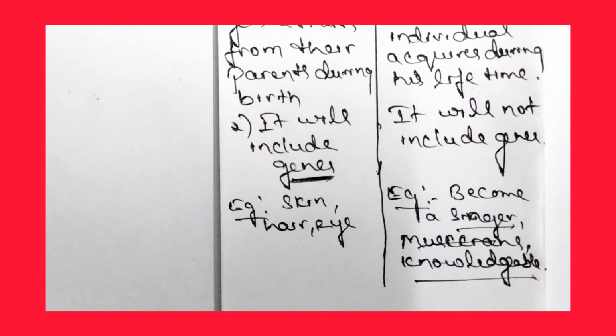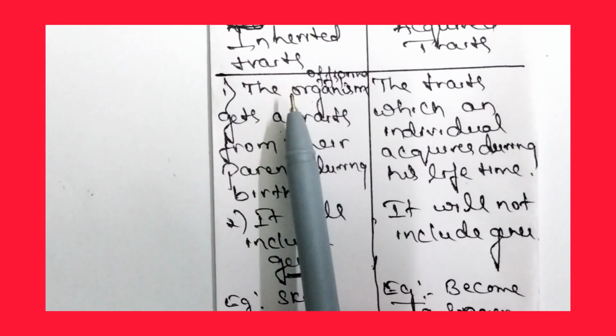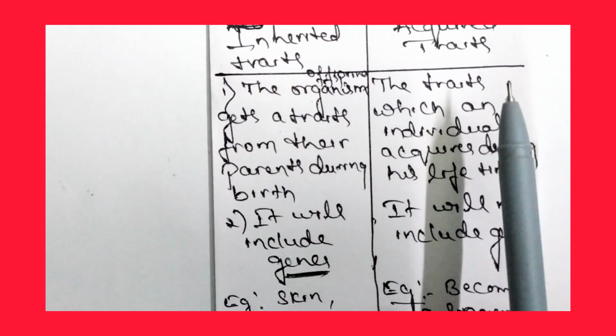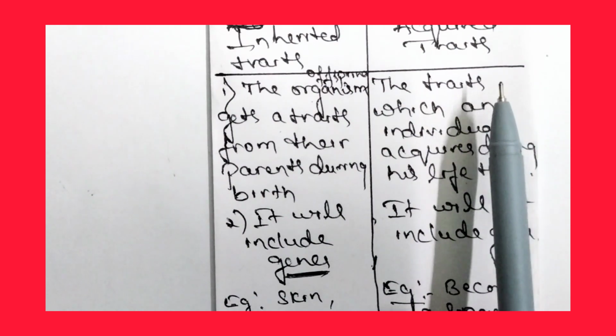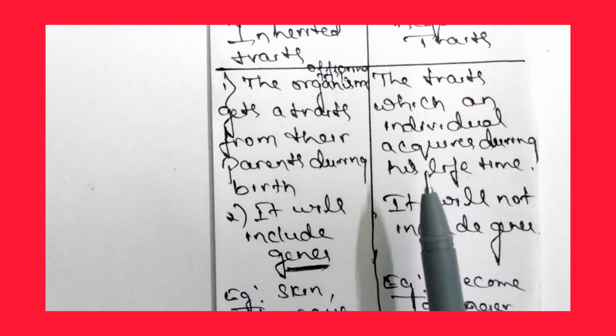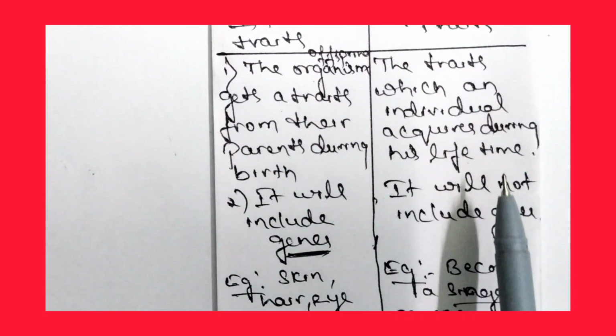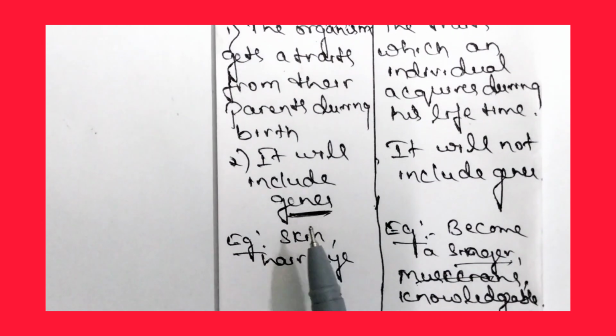So this is about inherited traits and acquired traits. The traits which an individual gets from their parents during birth, the traits which an individual acquires during his lifetime. Inherited will include genes, and acquired will not include genes. Example for inherited: skin color, eye color, hair color.